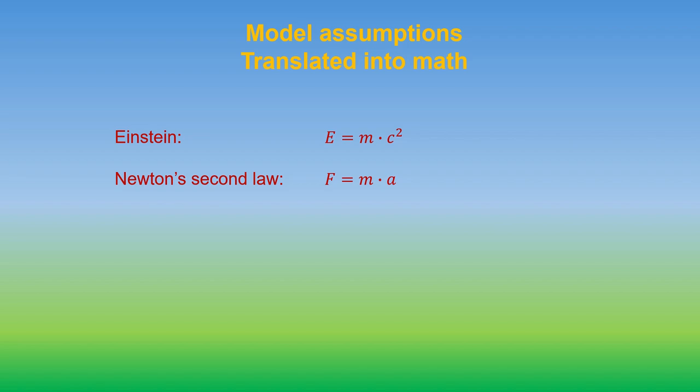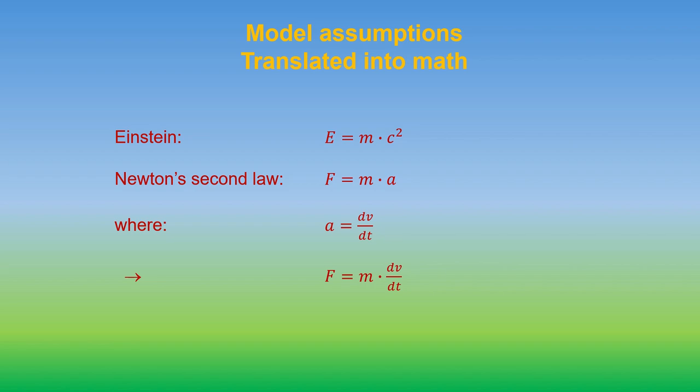Let's start with Newton's second law. F equals m times a, where F is the force, m is the mass, and a is the acceleration. By definition, acceleration is the change of the velocity per unit time. a equals dv over dt, where d represents an infinitely small increment, v is the velocity, and t is time.